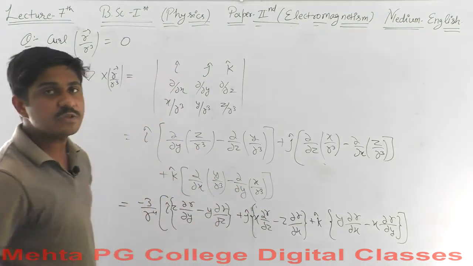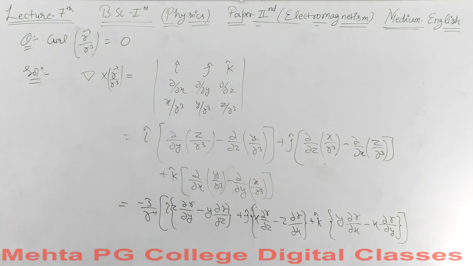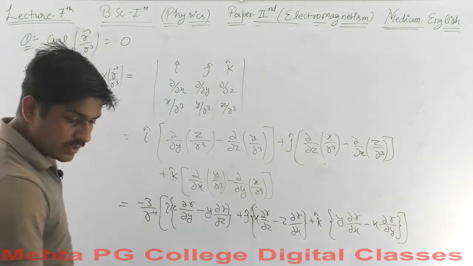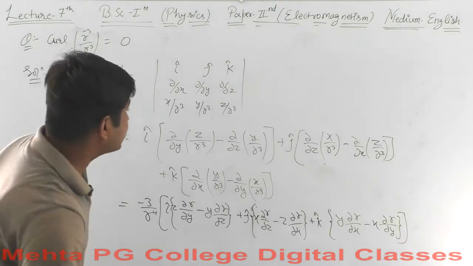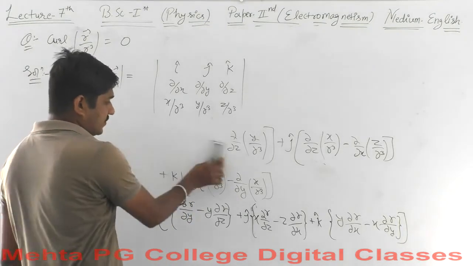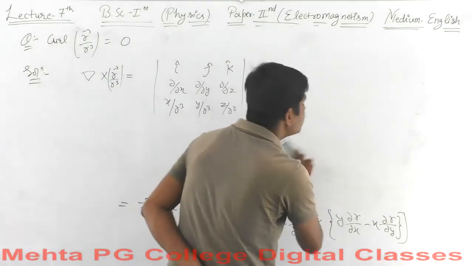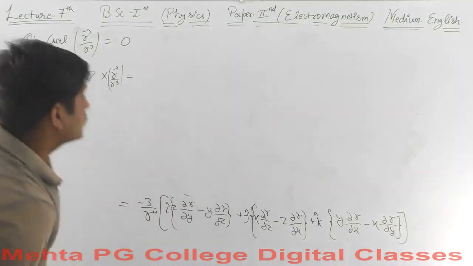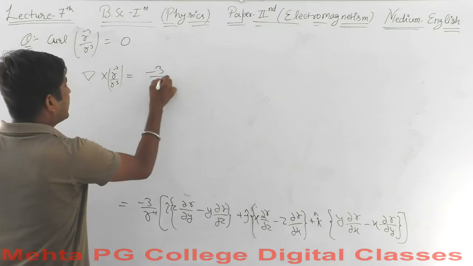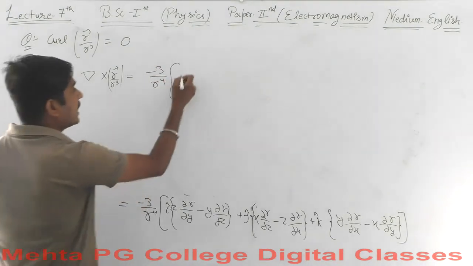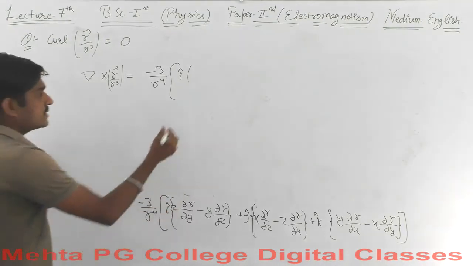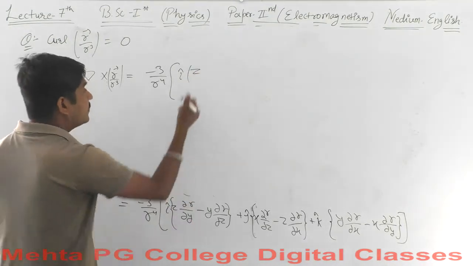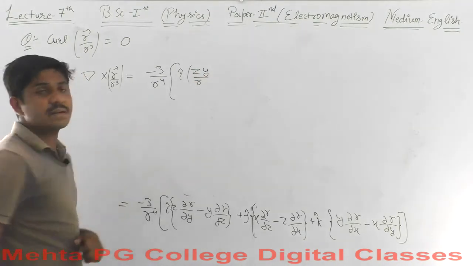So we will put all these values in this equation and we will end up having an equation. So this is it. Let me clear this off and we will put all the values here. So what will the values be? Minus 3 over r raised to power 4, i cap, z y over r.